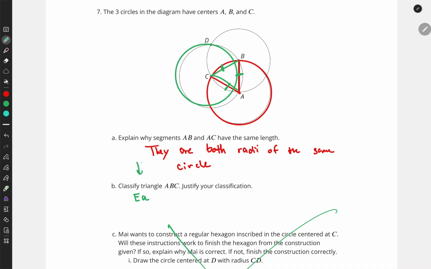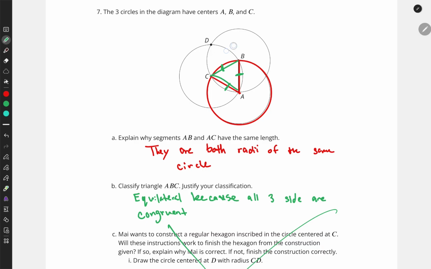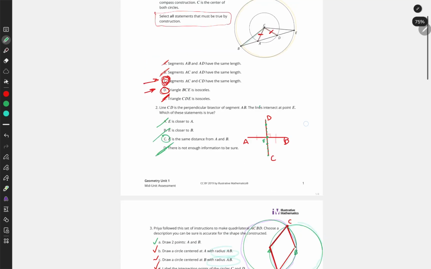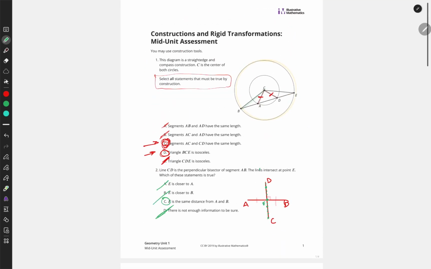So that's the classification, because all three sides are congruent. Again, these are all three similar sized circles, and all radii of similar circles are the same. So that is it. I hope this was helpful. I hope you learned something, and I hope this better prepared you to be successful on your future exams on constructions and such.